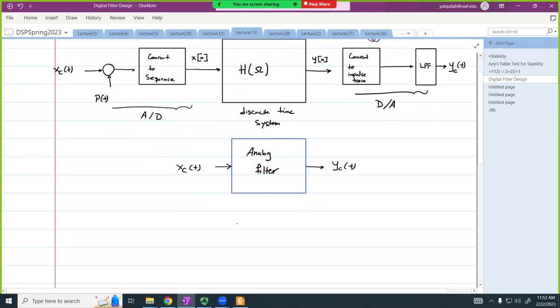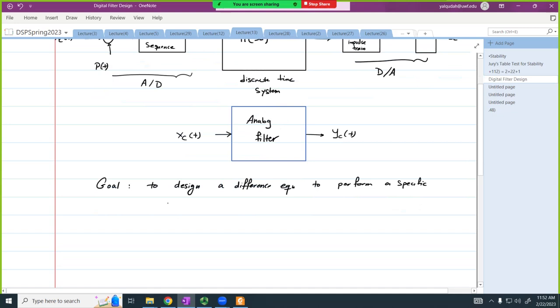Okay. So our goal is to design a difference equation to perform a specific filtering task.